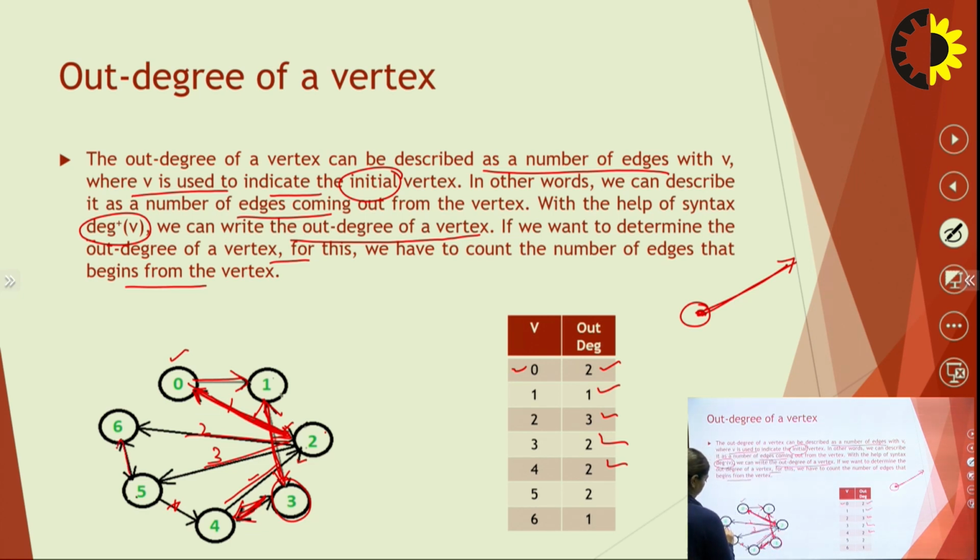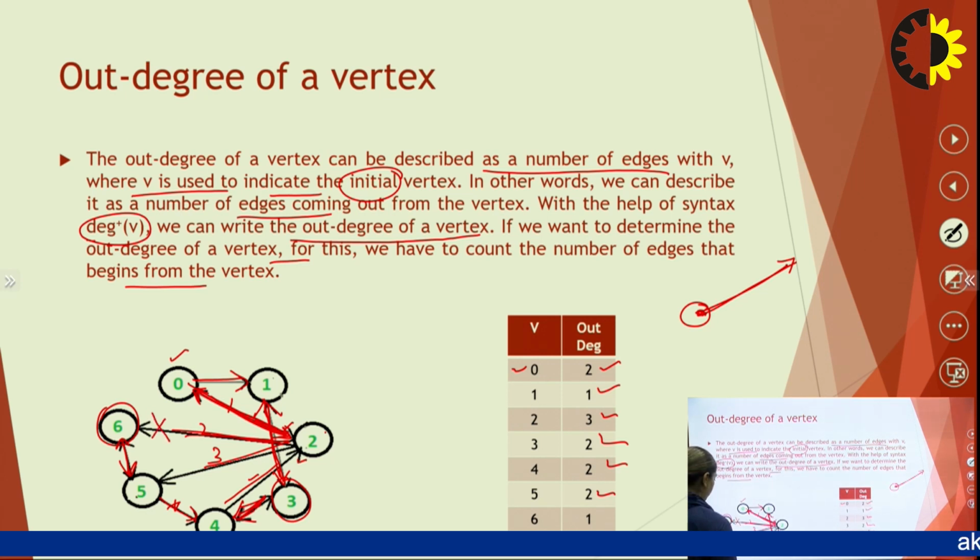This will be counted because this is going out also and this will be counted for 5, right? The out degree of 5 will be 2 here, right? Now come to 6. Only this one will be considered because this is unidirectional, which has only one direction, it is not going out, it is coming in. So this will not be counted for 6, only this one will be counted. Okay, the out degree of 6 is 1 then, right?